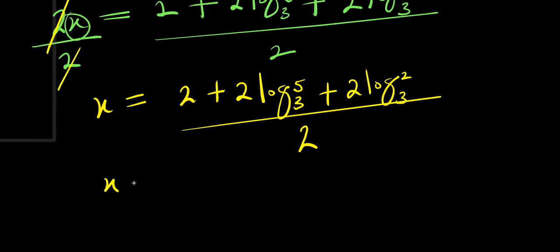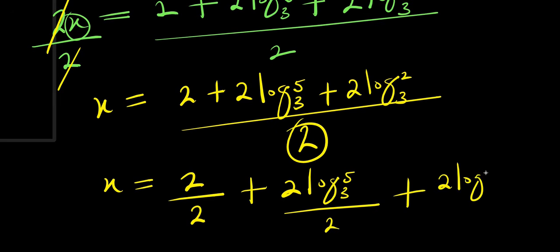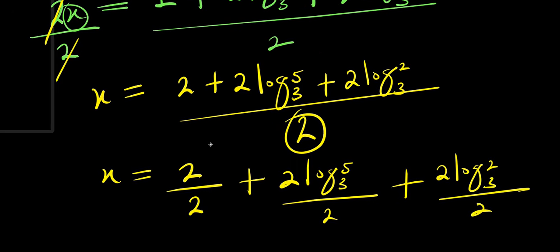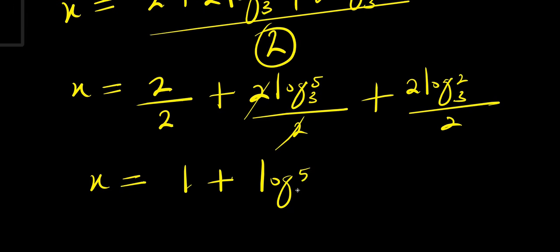So from here, x equals 2 divided by 2, let's divide by the common denominator, plus 2 times log 5 to the base of 3 divided by 2 plus 2 times log 2 to the base of 3 divided by 2. So from here, we have x equals 2 divided by 2 is 1, plus, let's cancel this, we have log 5 to the base of 3 plus, let's cancel this, we have log 2 to the base of 3.